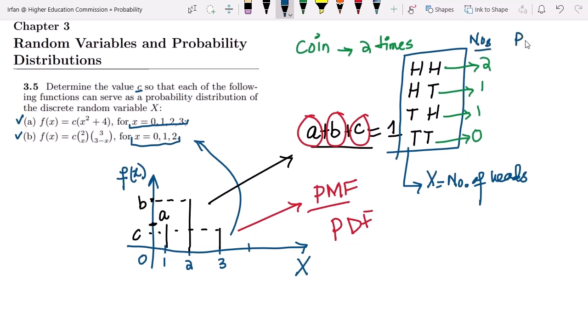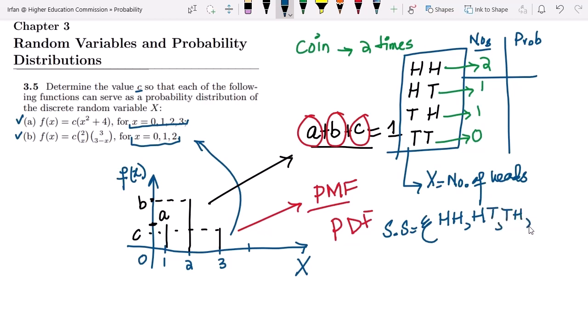Let me find the probabilities as well. In order to find this probability, first of all I have to write the sample space: heads heads, heads tail, tail heads, or tail tail. Similarly, in terms of probability distributions and random variables, the value of x will range over 0, 1, and 2.